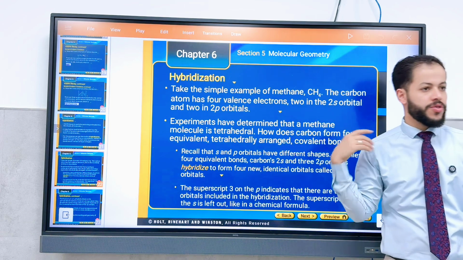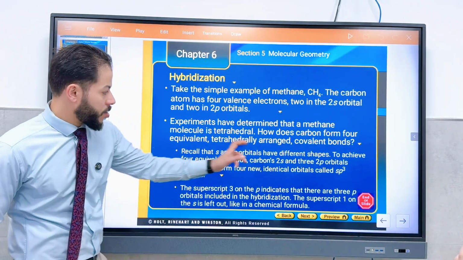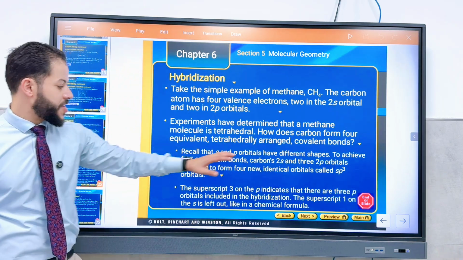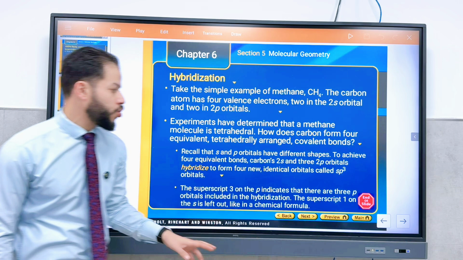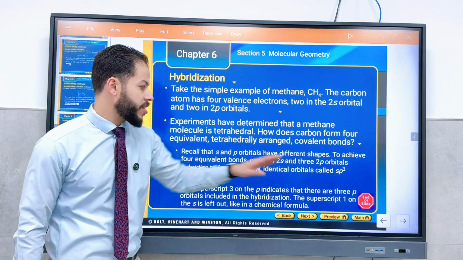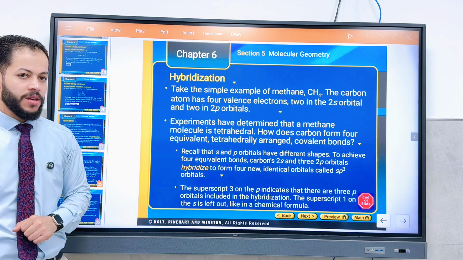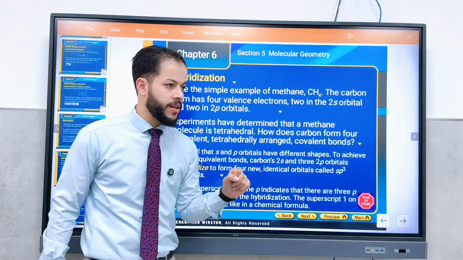This is the question that the scientists started with. Recall that s and p orbitals have different shapes. To achieve 4 equivalent bonds, carbon's 2s and 2p orbitals hybridize to form 4 new identical orbitals called sp3 orbitals. So hybridization is between an s orbital and how many p orbitals? 3.